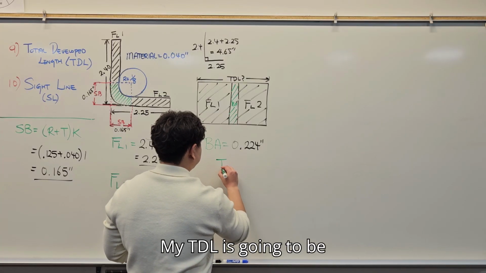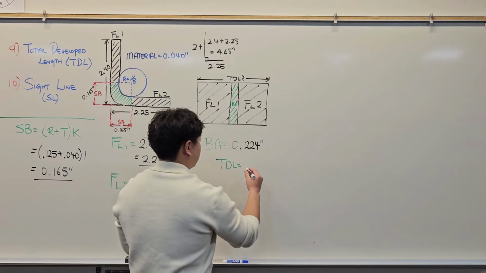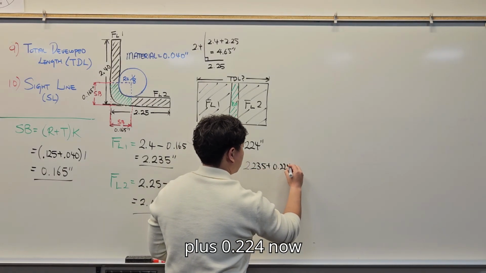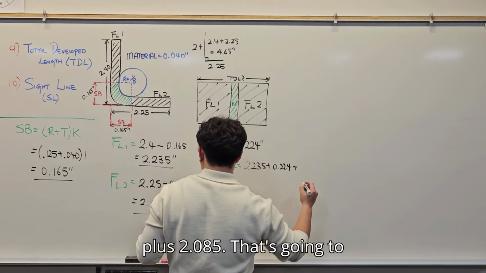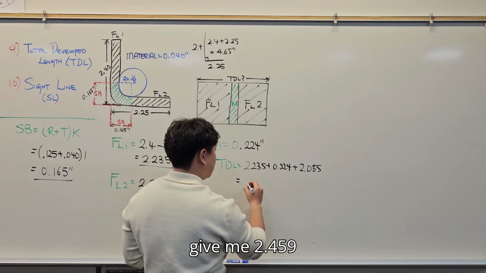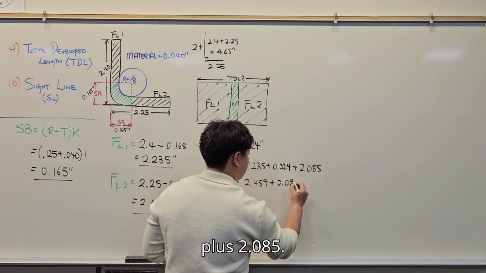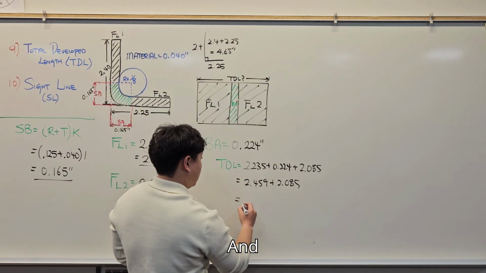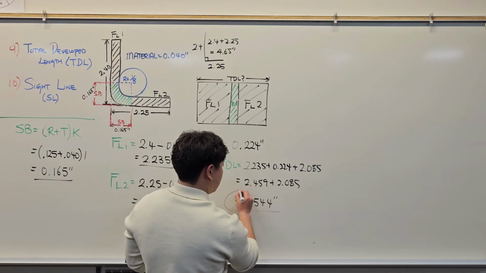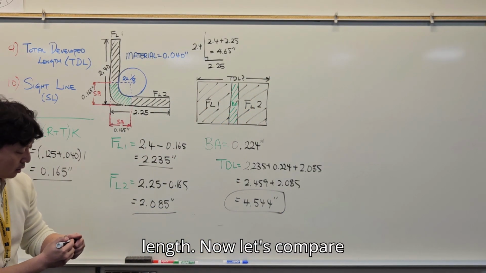My TDL is going to be 2.235 plus 224 now plus 2.085. That's going to give me 2.459 plus 2.085 and 4.544. That is going to be the total length.